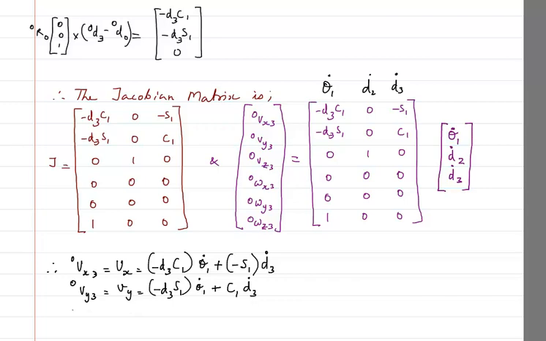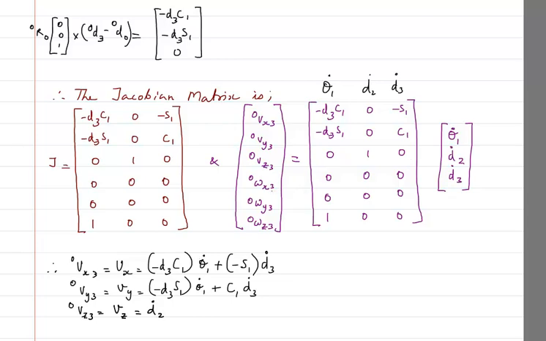And the next one is going to be 0vz3, sorry, to write it in subscript, that is going to be equal to vz, that is, according to this equation, only d2 dot, because the rest all is multiplied with 0.